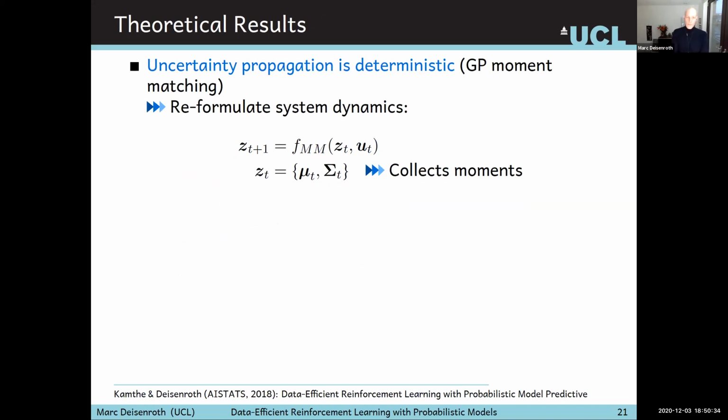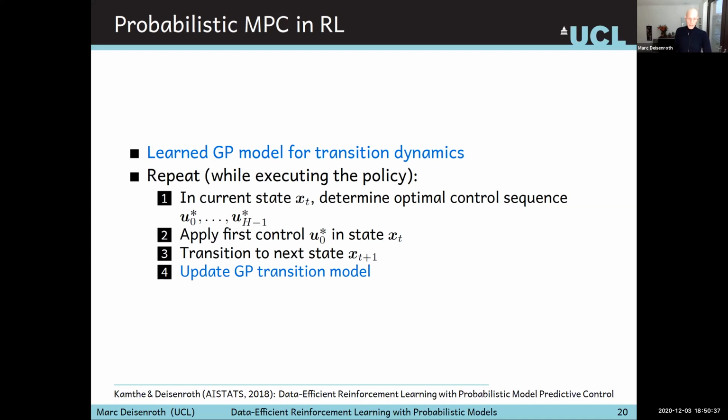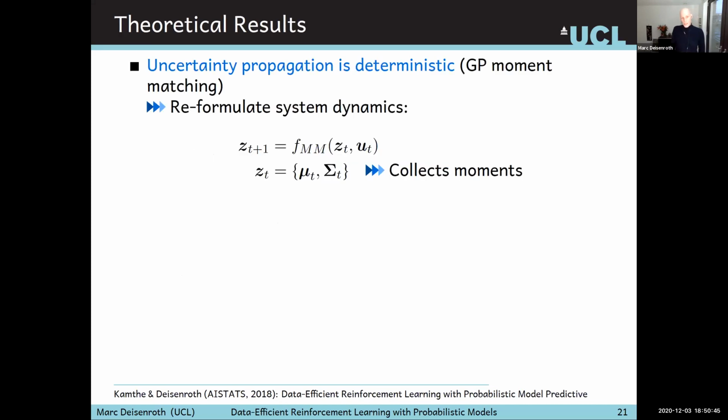But we also have some good theory. Practically, it's relatively straightforward here, but we also have some theoretical results, and that comes with the kind of uncertainty propagation that we do. This moment matching part, where we approximate predictive distributions with a Gaussian, is deterministic, and that allows us to reformulate the system dynamics, where we effectively define a new state, or belief state, that consists of just the mean and the covariance matrix of the state.